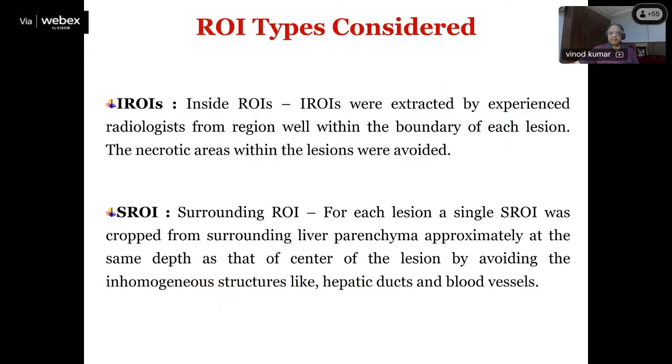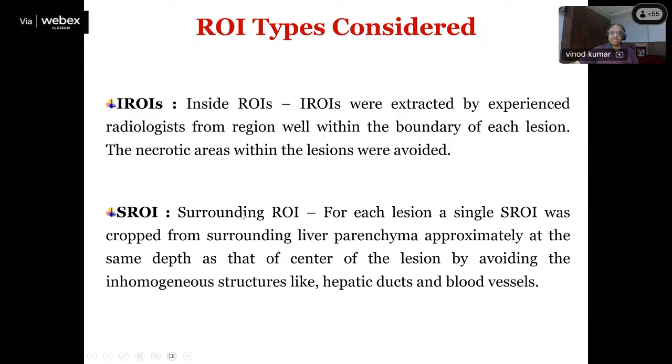So what we did, we took ROIs inside the tumor. We took ROIs outside the tumor also, from the healthy liver surface.